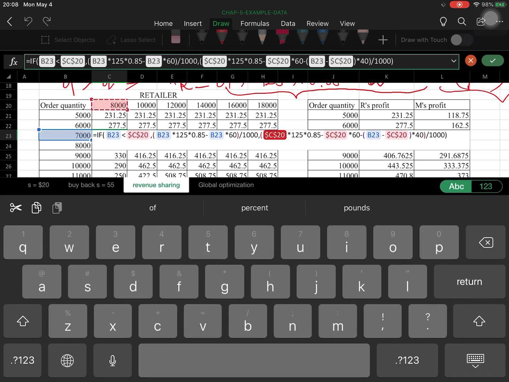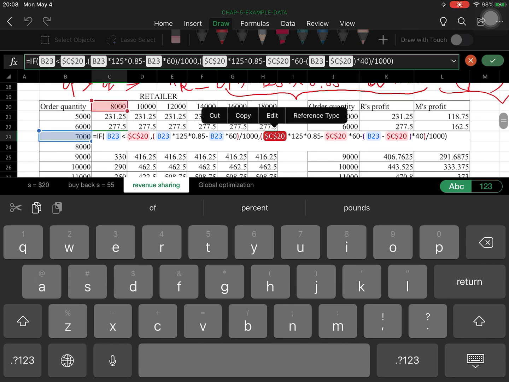And in case the order quantity is larger than the demand, it is equal to the real demand multiplied by the selling price multiplied by the percentage of revenue sharing, minus the cost of buying the demand quantity, and minus the salvage loss. 40 here is the marginal loss.